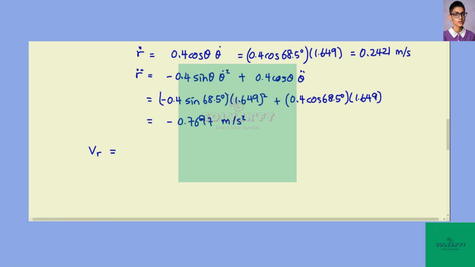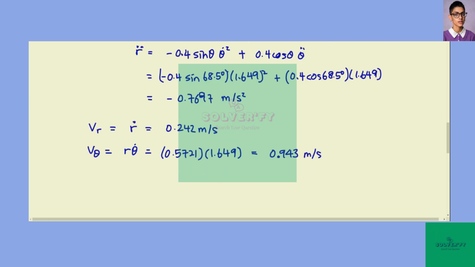Now we are ready to calculate the various answers. The radial component of velocity is r dot, so this is 0.242 meters per second. V theta is r theta dot, so this is 0.5721 times 1.649, and you get 0.943 meters per second.